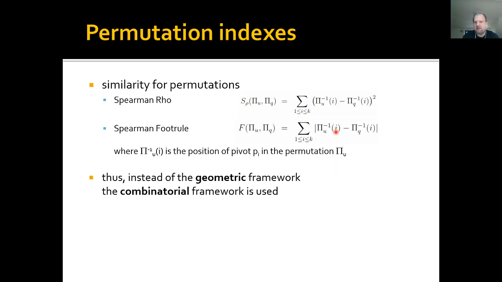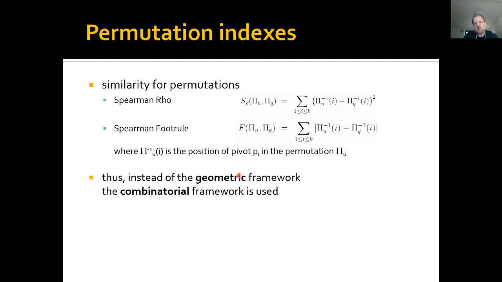And this is something that approximates the metric space. So the more pivots we have, the larger the permutation is, and we sum up at the end the differences between the positions of the same pivot into a distance. So again, we have a distance that somehow approximates the original metric distance.